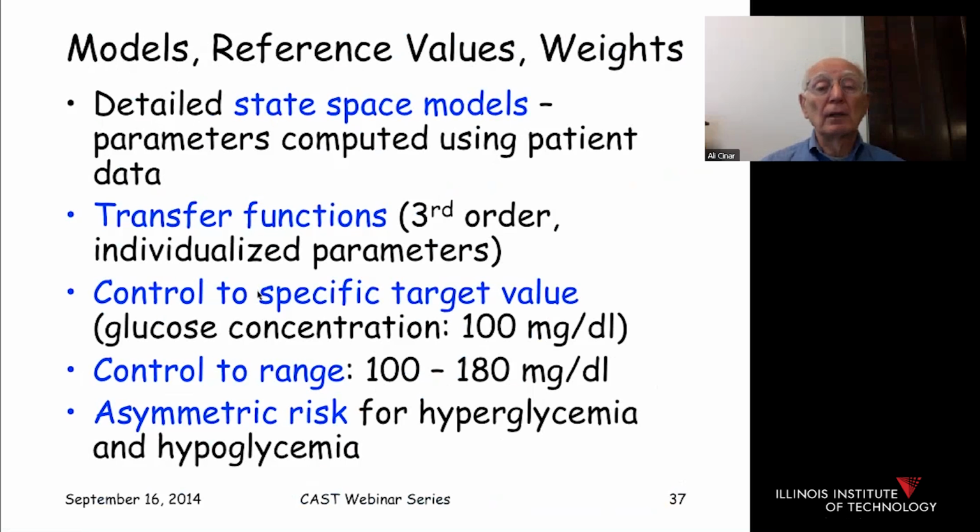So as far as the models are concerned, initially people started with detailed state-space models, and the parameters were often computed by using patient data.